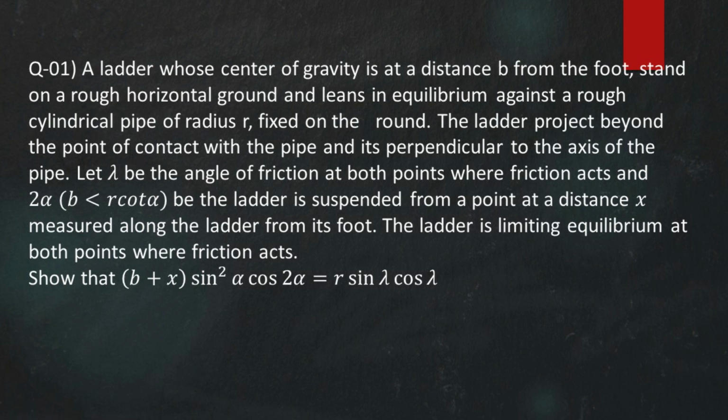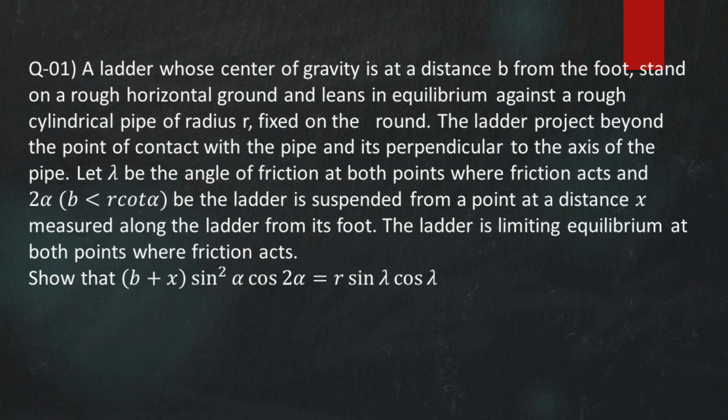Let lambda be the angle of friction at both points where friction acts, and 2 alpha be the angle of the ladder. A weight is suspended from a point at a distance x measured along the ladder from its foot. The ladder is limiting in equilibrium at both points where friction acts. Show that (b + x) sin squared alpha cos 2 alpha = r sin lambda cos lambda.